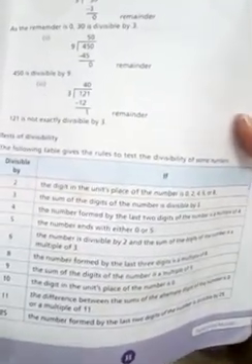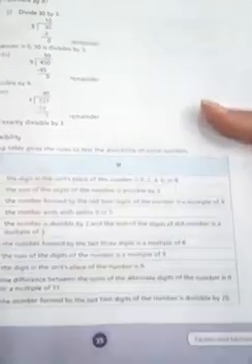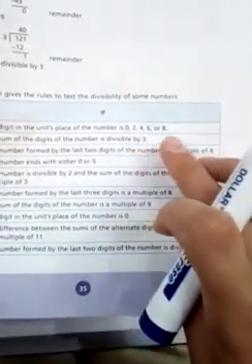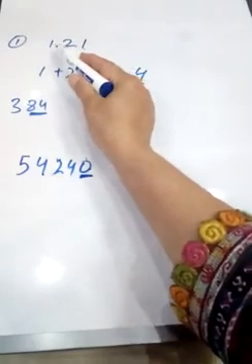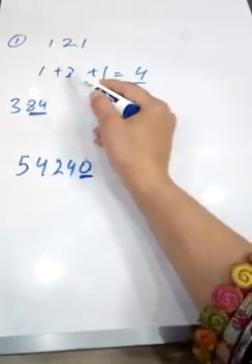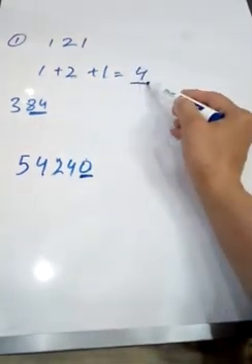For the divisibility test of 3, the sum of the digits of the number must be divisible by 3. It means that if we have a number like 121, for example, add all the digits, our answer is 4.